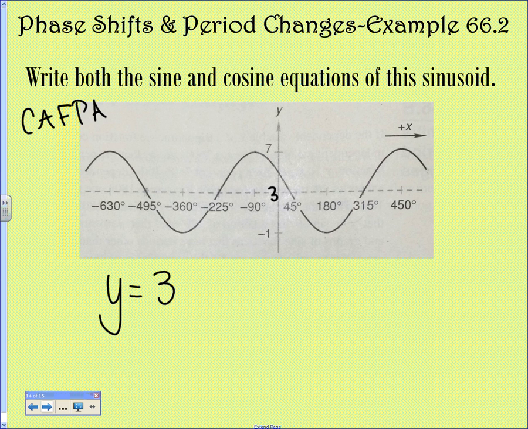What is our amplitude? What did we just add and subtract to get to the top and bottom? 4. Okay, and then y'all said sine. So we're going to start with sine. So that's the A and the F. What about that P? What does the P stand for? Period. How do we do period?